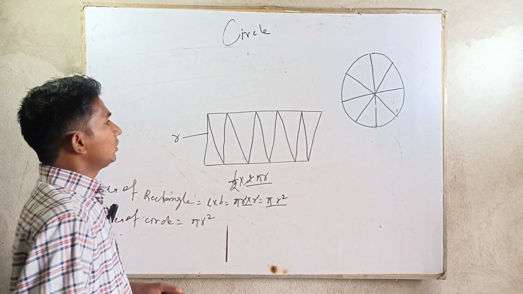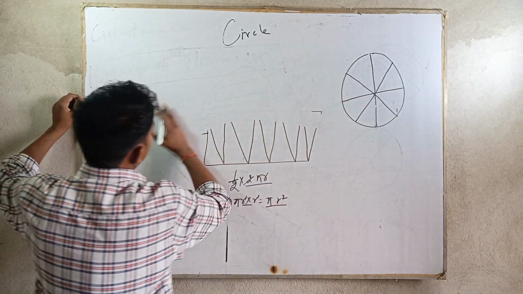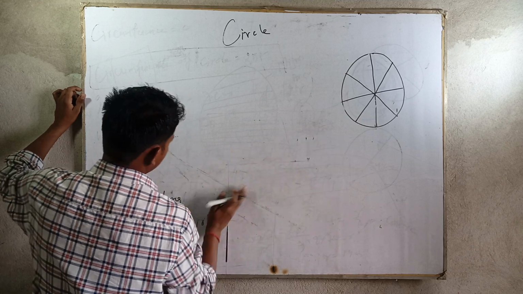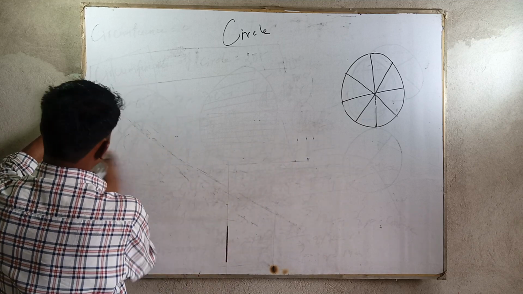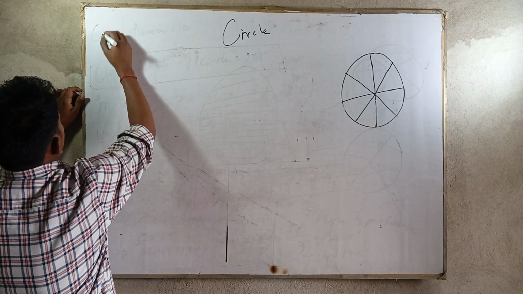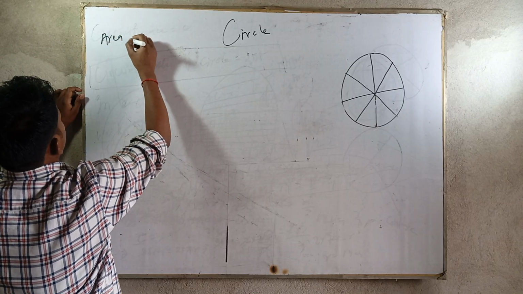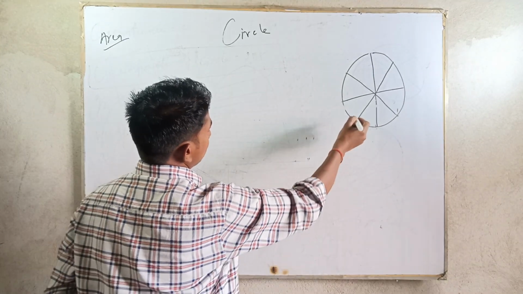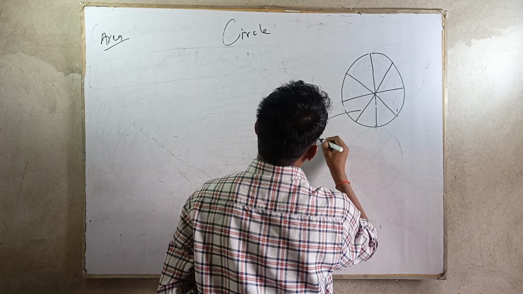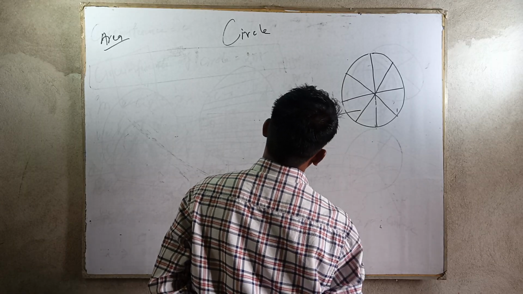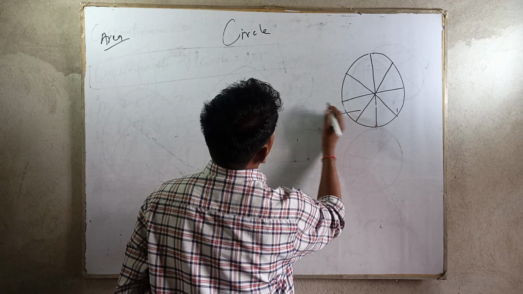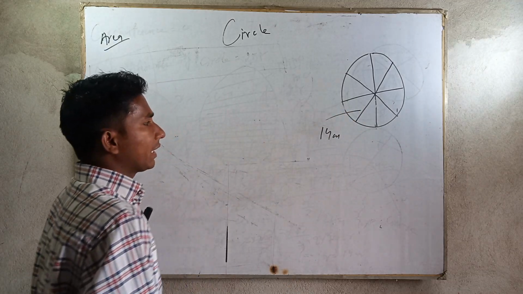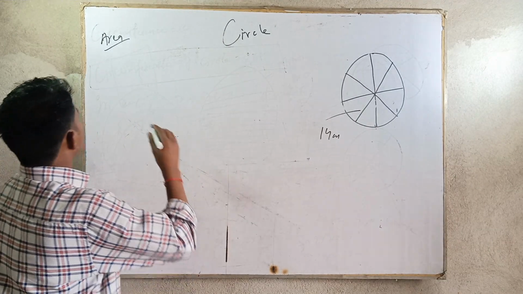So, suppose in a figure, r is given as 7 centimeter, or 14 centimeter, then find its area of circle.